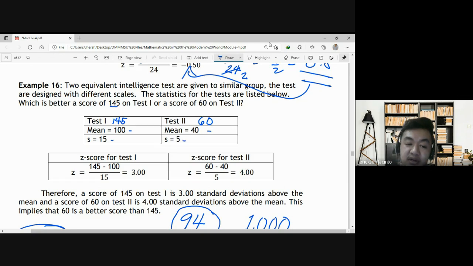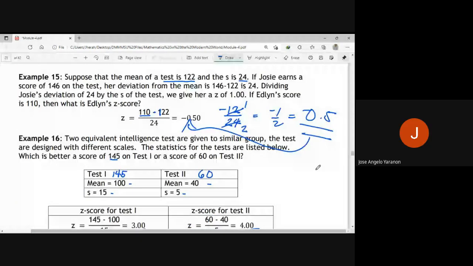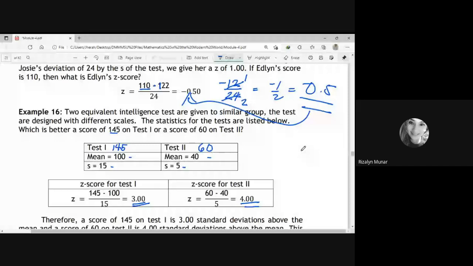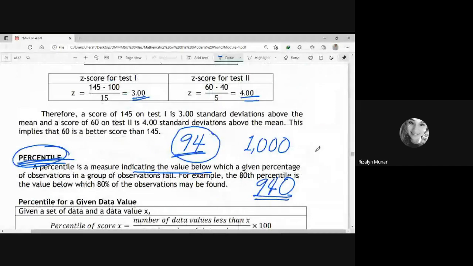So dito 145 minus 100 is 45 divided by 15, that is 3. 60 minus 40 is 20 divided by 5 is 4. So anong mas mataas yung score? Is it test 1 or test 2? Test 2, sir. So it's test 2 kasi positive 4.